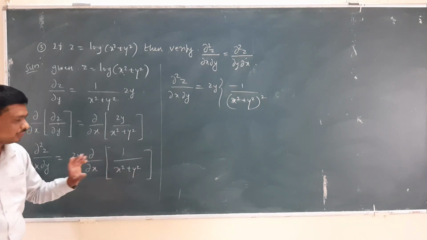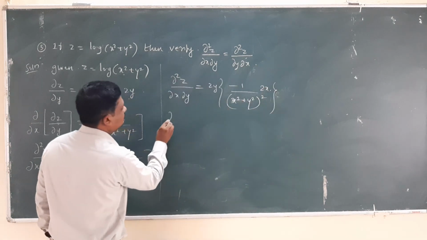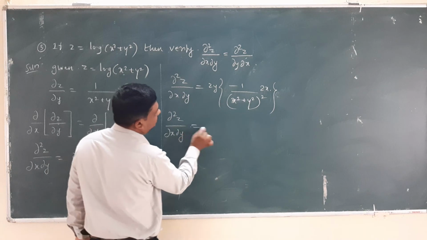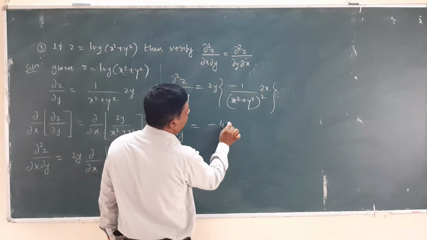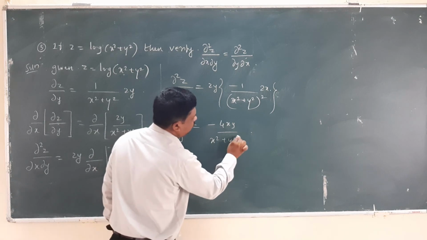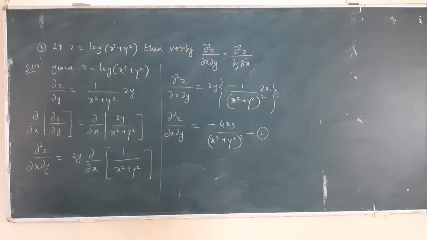Therefore ∂²z/∂x∂y is equal to minus 4xy upon (x² + y²) whole square. I will take this one as equation number 2.